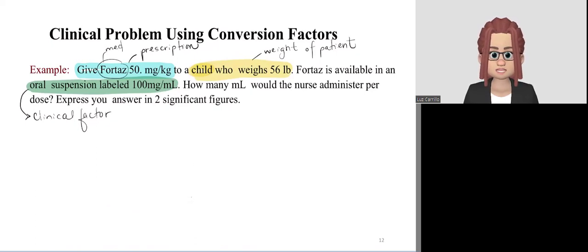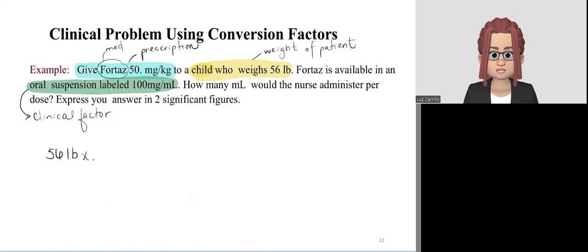The first thing that you write down is how much does your patient weigh? And if that weight is not in kilograms, change it to kilograms. So I'm going to write down the weight of my patient, 56 pounds.